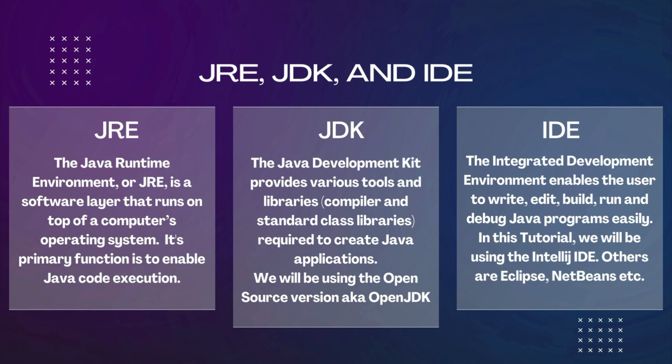In this tutorial, moving forward, we will be using the IntelliJ IDE, which we just installed. Other examples of an IDE are Eclipse, NetBeans, Visual Studio Code, Microsoft Visual Studio. These are other ones that you can use for writing programs in different programming languages. But for Java, we have chosen to use the IntelliJ IDE.